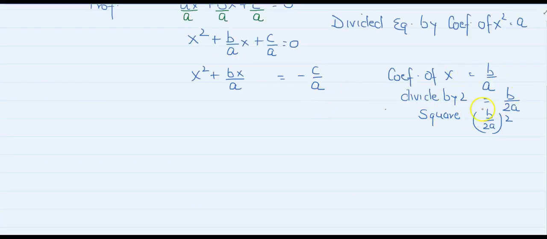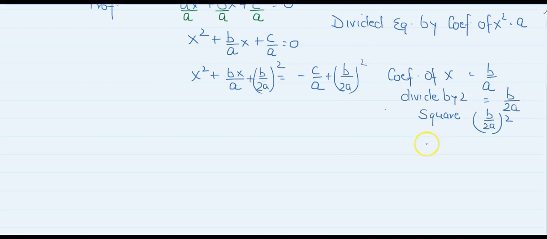And the third step is, now I'm going to add and subtract the same number on both sides. On the left side, I'm going to add this number, as you remember, we always add this number. So that will be (b/2a)², and (b/2a)².